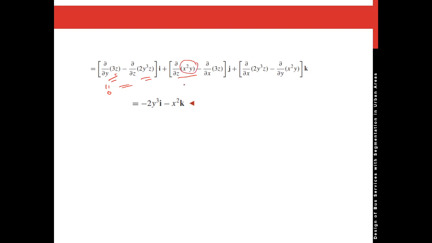Here this is a constant, so it becomes 0, and here we are differentiating with respect to x, z is a constant, so this becomes 0. Here we are differentiating with respect to x, this is 0, and this is x². So this is the curl.